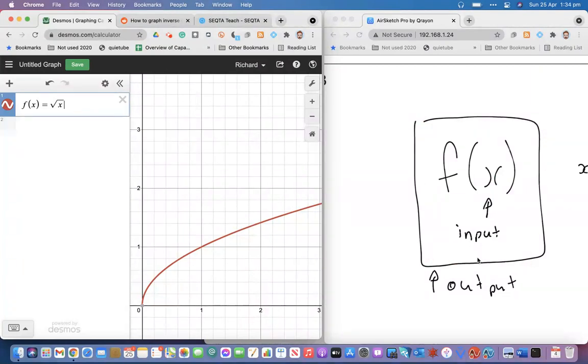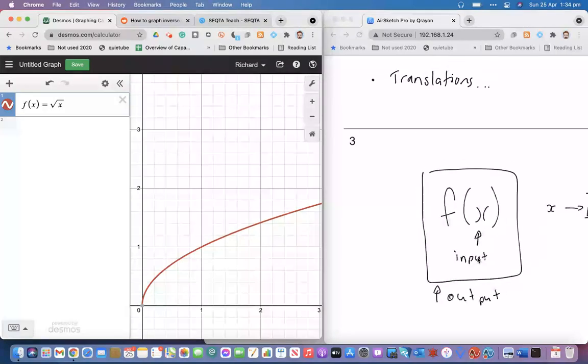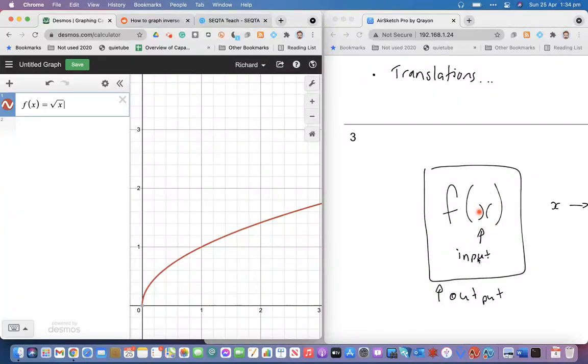So, as a machine, we're inputting x, we're applying some sort of rule to it called f, and out of it comes f of x. So with transformations, we are either changing the input or we're changing the result of the whole output. So it either affects the input, i.e. we replace x with a new expression, or we're changing the output, i.e. we're replacing all of f of x with a new expression. And we're going to build on that in a second.